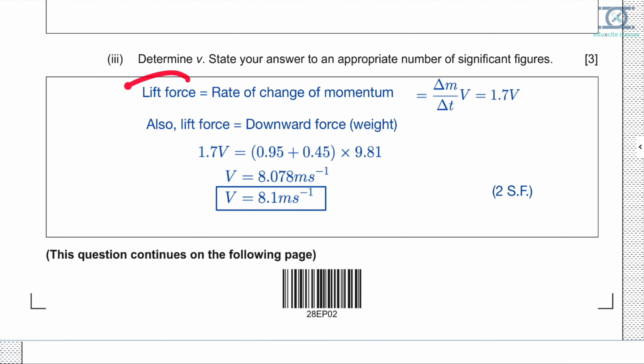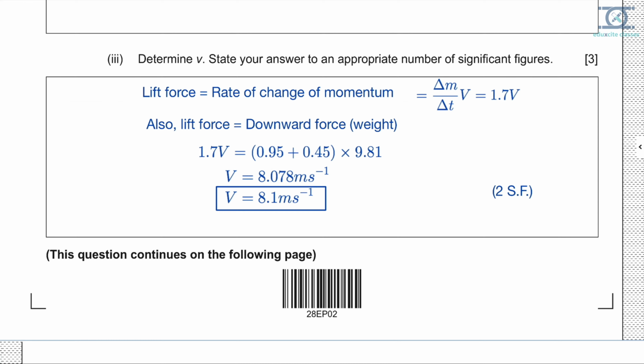We know that lift force is the rate of change of momentum, that is delta m over delta t times the velocity, which we have to find. Delta m by delta t is 1.7 kg per second, as given in the question. So the lift force can be written as 1.7 v.